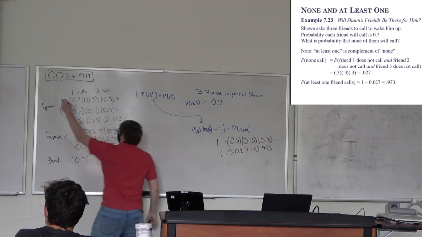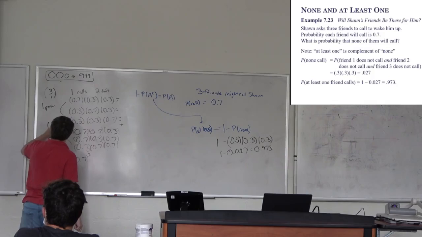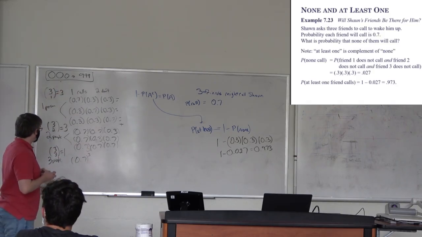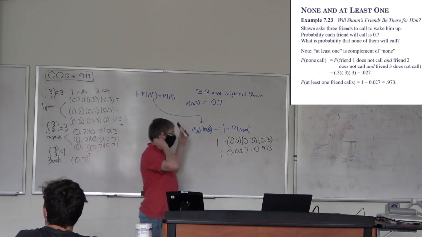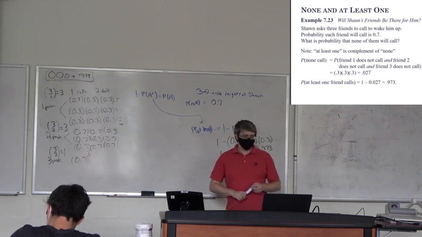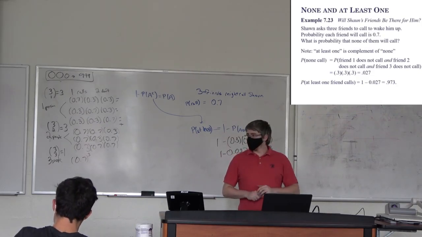Now this is doing 3 choose 1 ways, 3 choose 2, and 3 choose 3. This is 1, this is 3, this is 3 in this case. However, if you use the complement rules, you can figure it out like this. Any other questions?